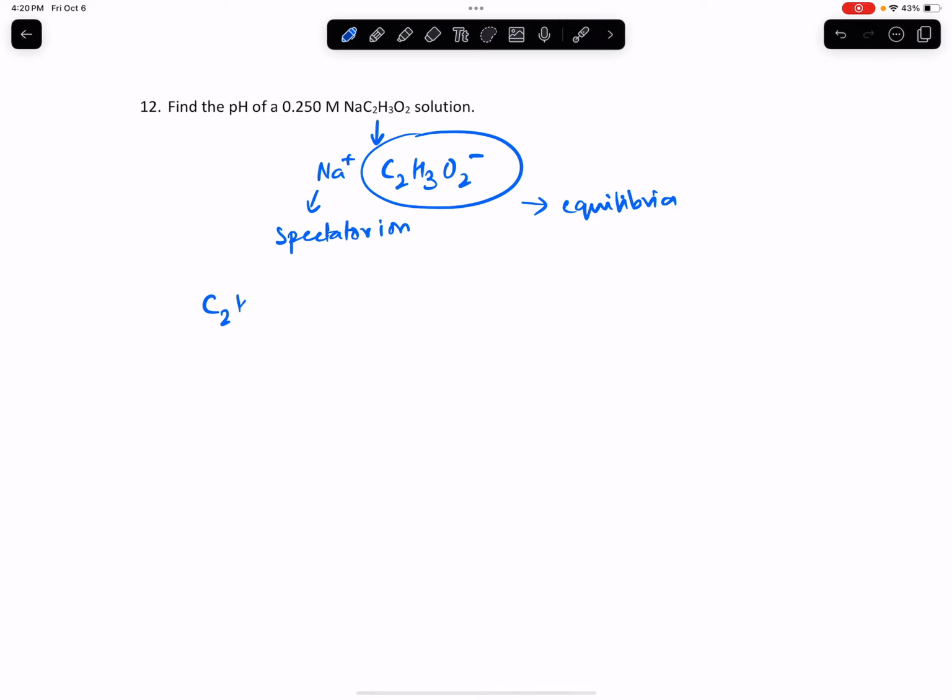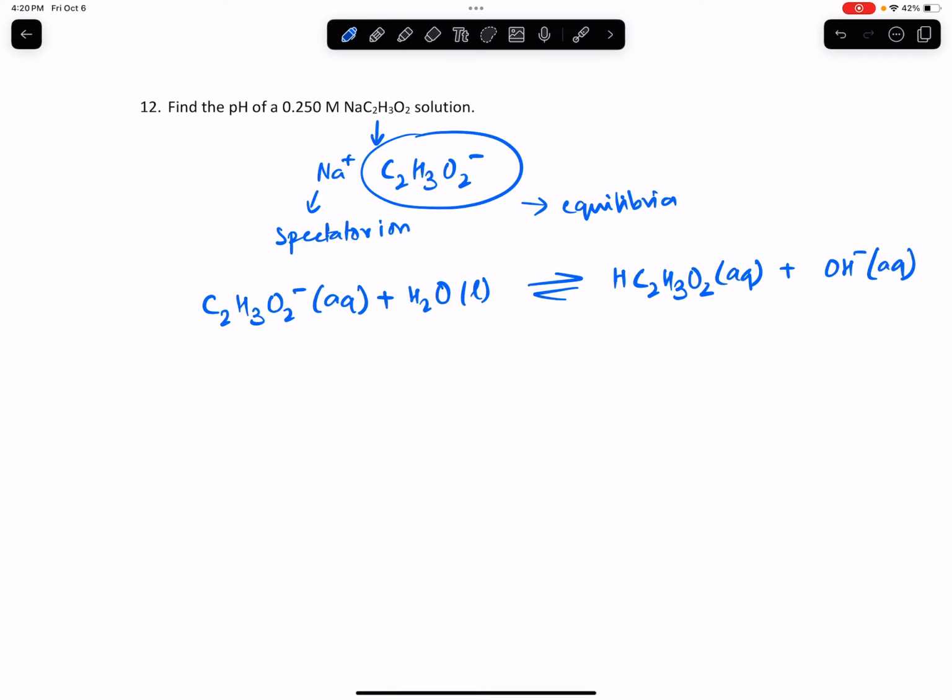So we write C2H3O2- plus water, and that is going to ionize to form, it's going to pick up a hydrogen from the water, so it's going to form HC2H3O2 plus OH-.